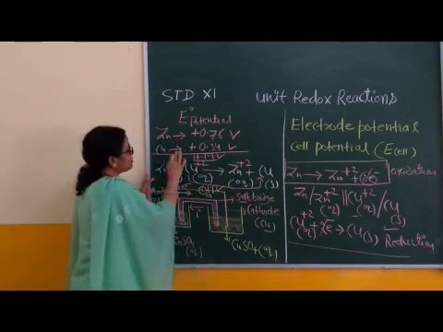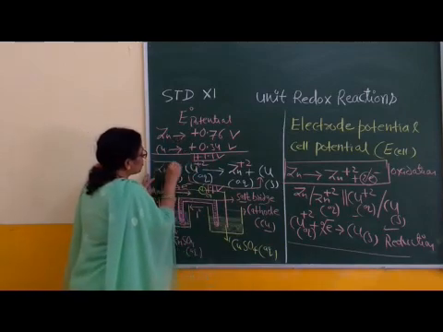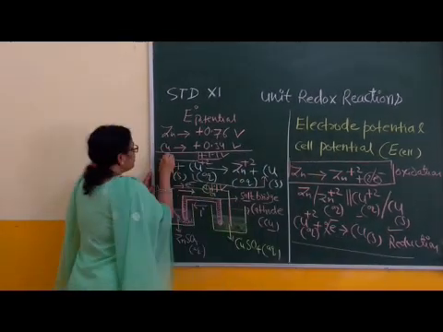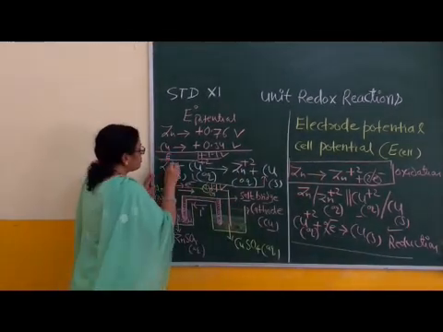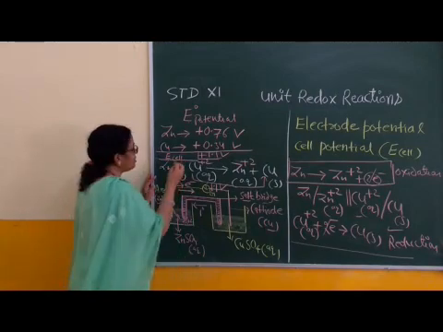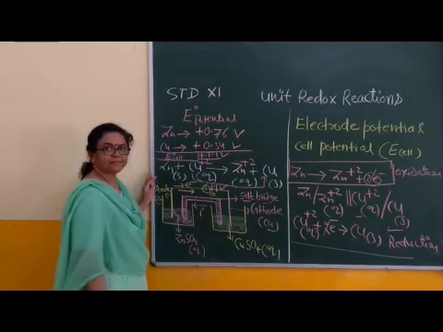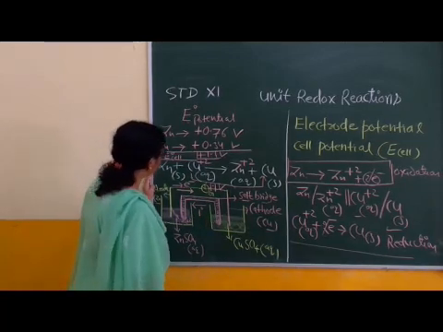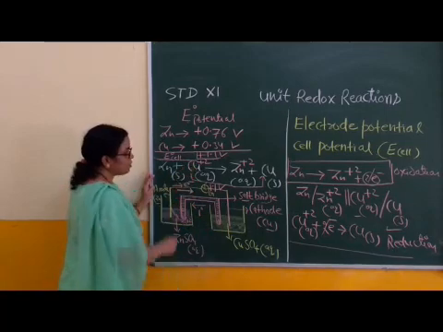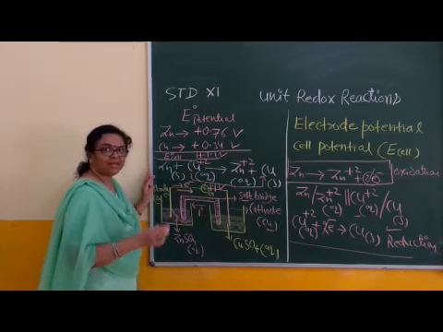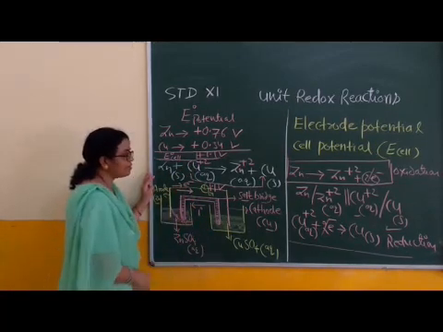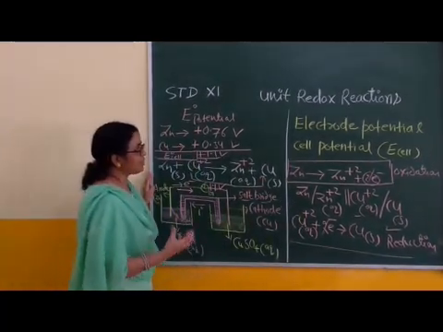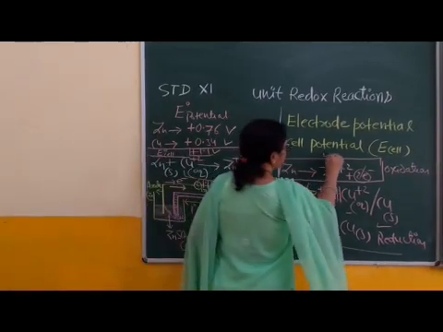The cell potential is also standard, which is written like this: E cell, E for EMF. EMF means cell potential, and the standard sign means standard. Right? So this is the maximum efficiency of this electrochemical cell. Okay children? This topic is related to construction of the cell, working, cell notation, and the concept of electrode potential and cell potential.